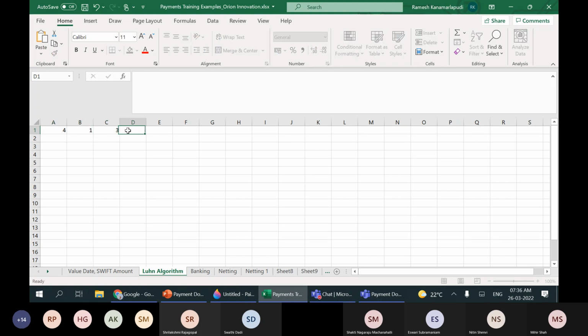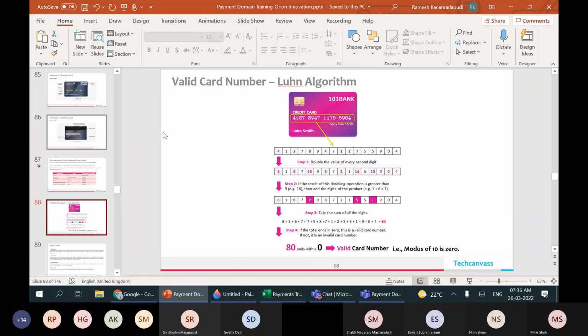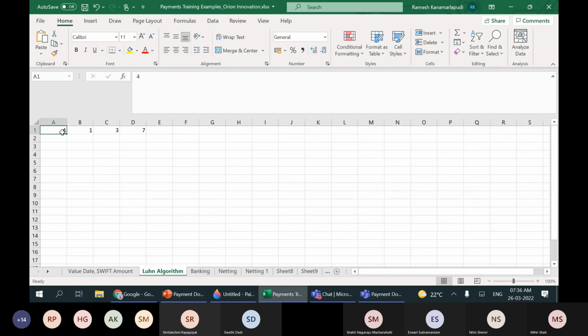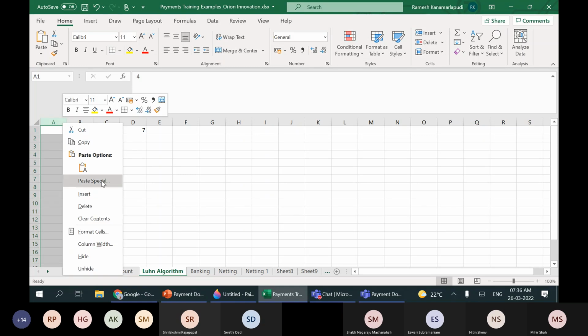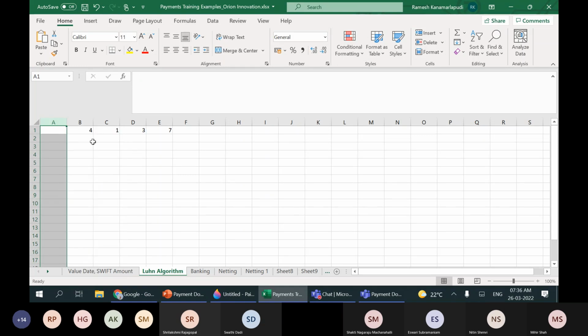So this is the card number we have, 4137. I'll put it column-wise, so it would be easy for you to understand.